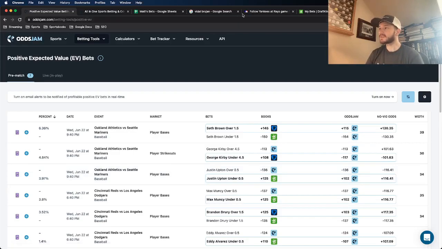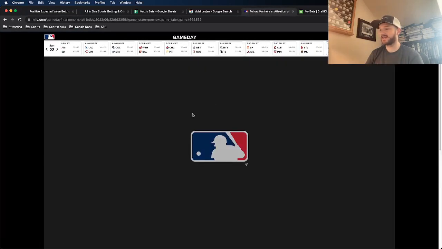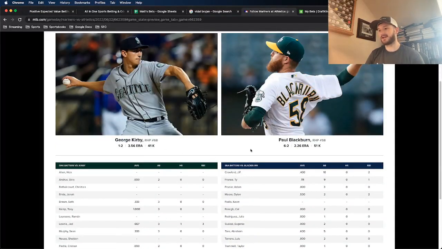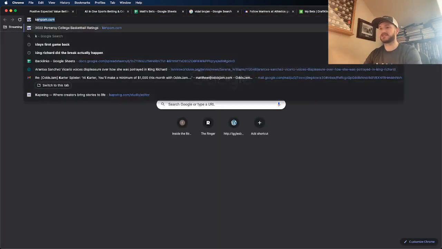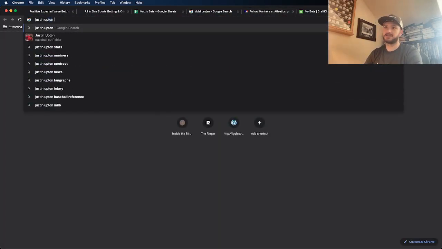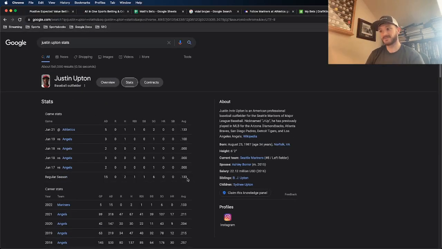So again, I want to go check out the pitching matchup. So it's Seattle versus Oakland, and as you can tell, again, two pretty good pitchers. Justin Upton going up against Paul Blackburn. 2.26 ERA is a tough pitching matchup for Justin Upton. And then again, if you look at Justin Upton's stats, you see someone who's batting .133.